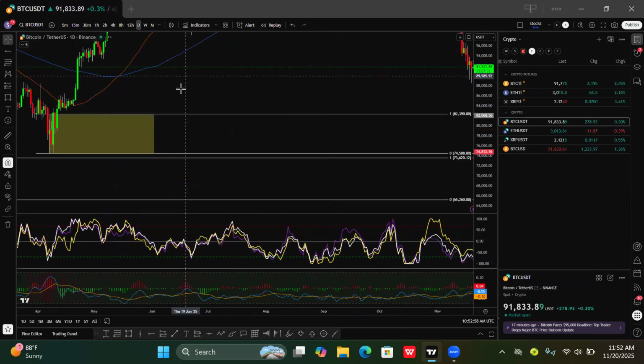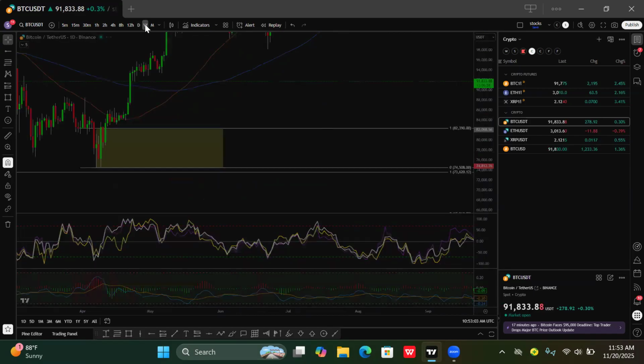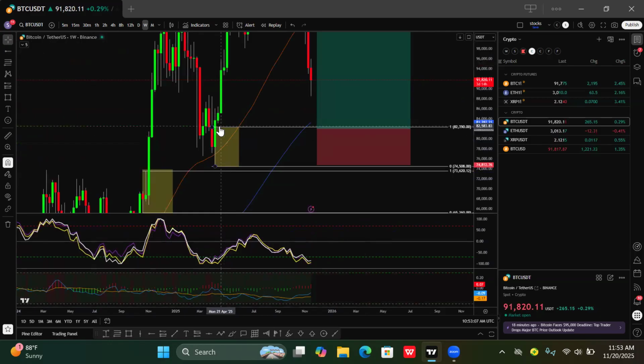If you drew the zones exactly the way I mentioned earlier, by incorporating it here, which is the way it's supposed to be, this is where the body of this decisive candle began.